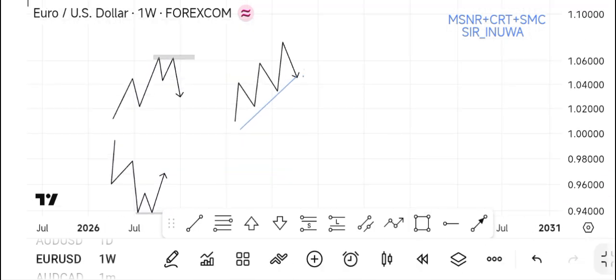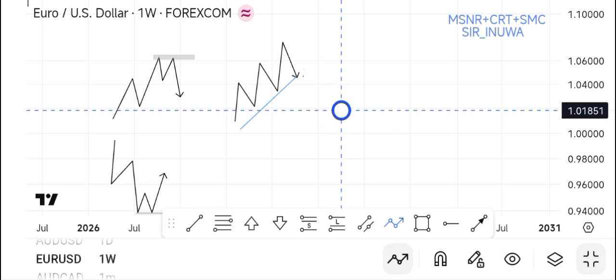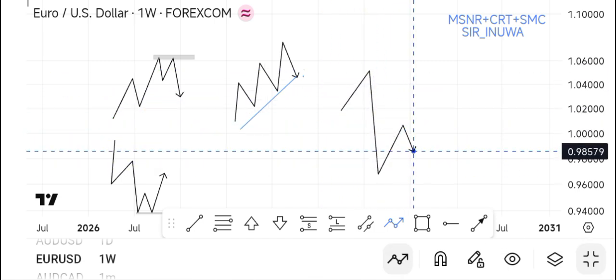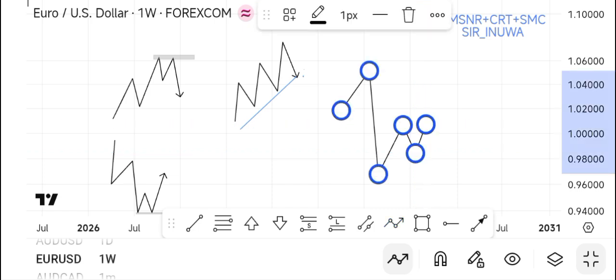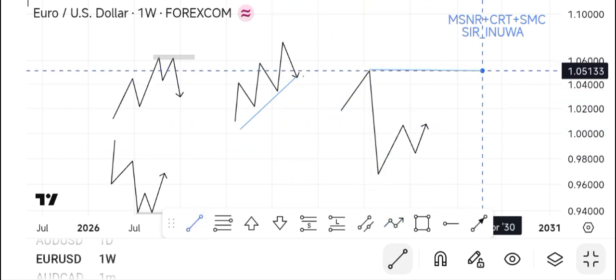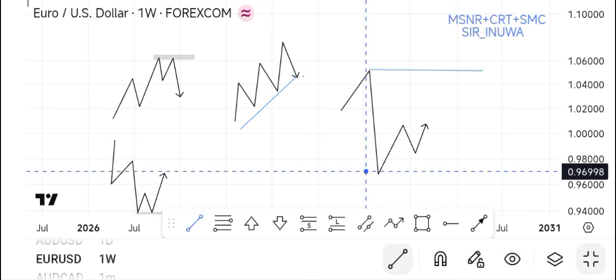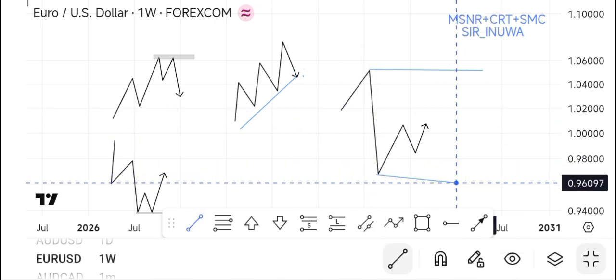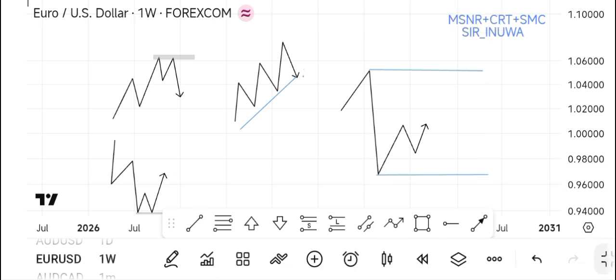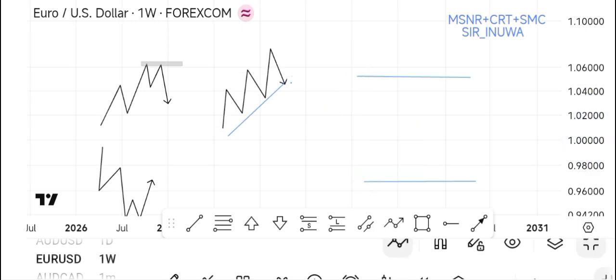And we have the range liquidity, the support and resistance. So I think these are the four that we have: the equal high, equal low, trend line, and range liquidity.